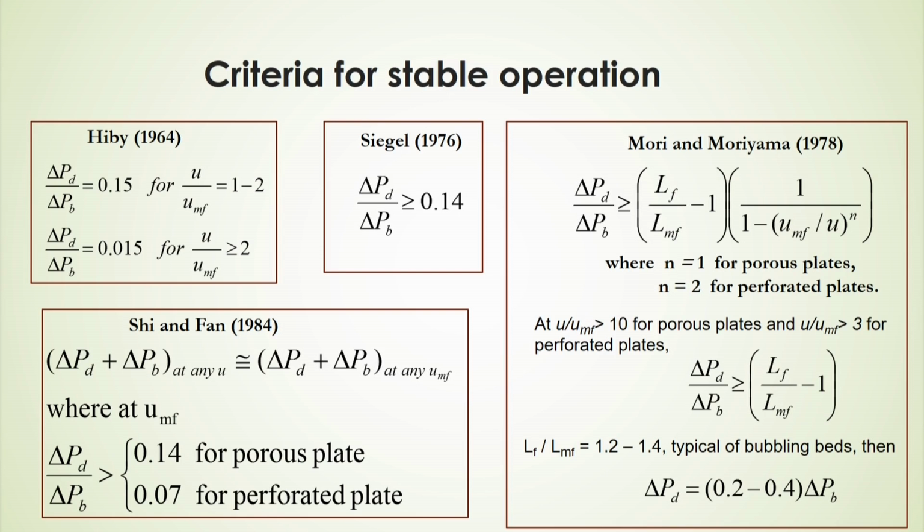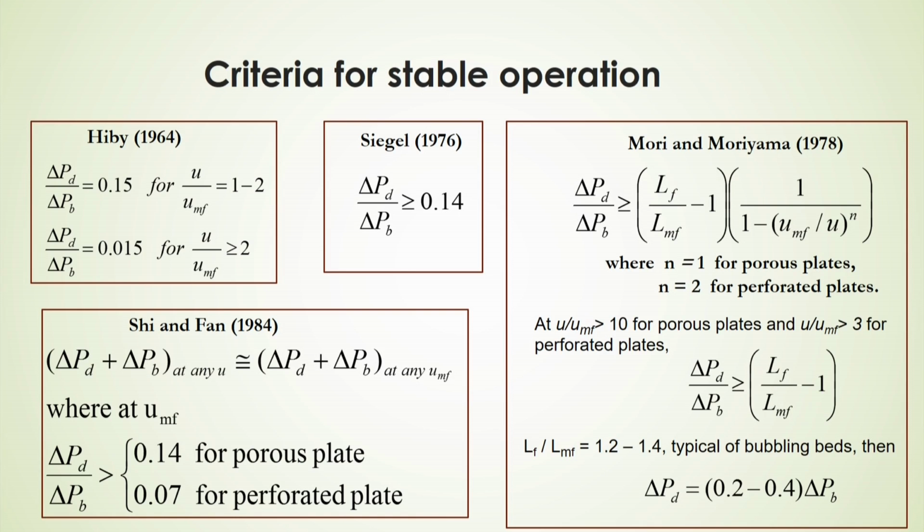Another important point: if the ratio of gas velocity to minimum velocity is greater than or equal to 2, then you have to consider the distributor pressure drop for design. It should be 0.015 times the bed pressure drop, that means 1.5% of the bed pressure drop.